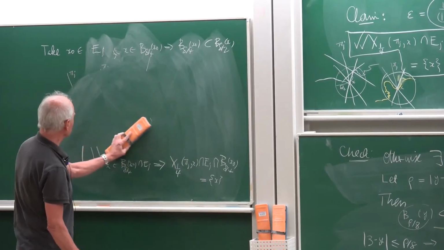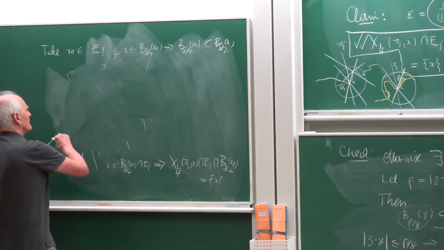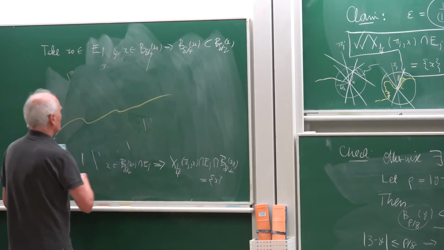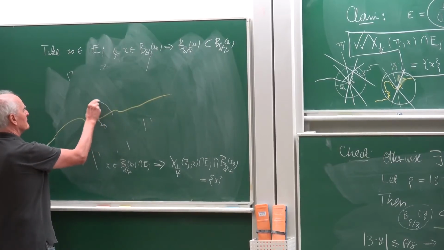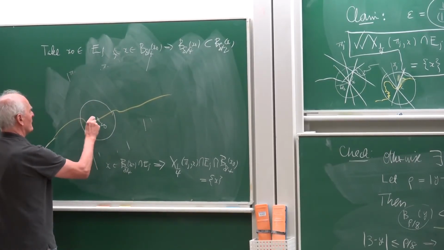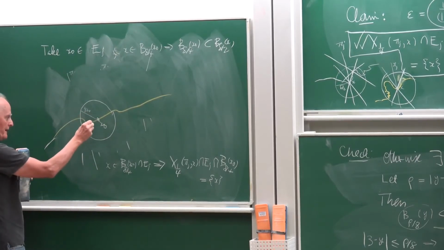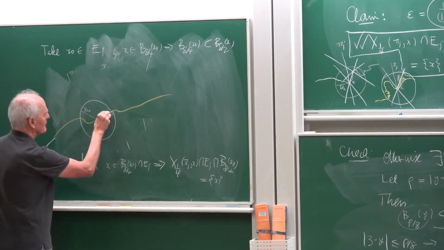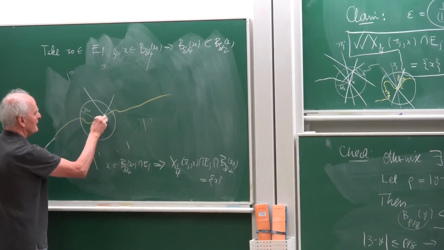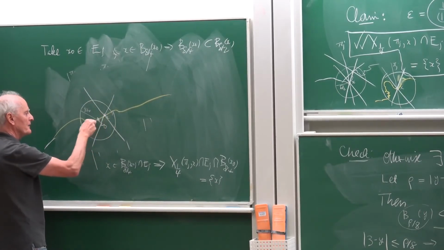Now the picture is that we've got our set here, and we take an x0 here and take the ball of radius delta over 4 around that. Then any point x in there does have the property that the cone inside this part of the set may intersect, but not this part of the set.